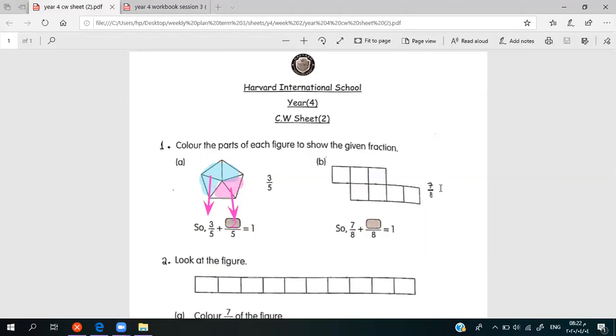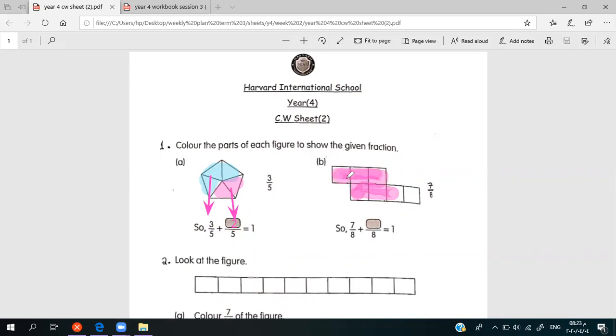Let's try it here. Let's color 7 from the 8. Okay, as he asked. 1, 2, 3, 4, 5, 6. What's that? There's a missing square here. I'm sorry guys, there's a missing square.